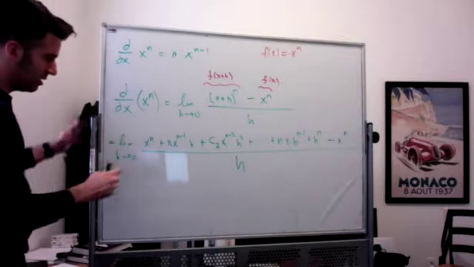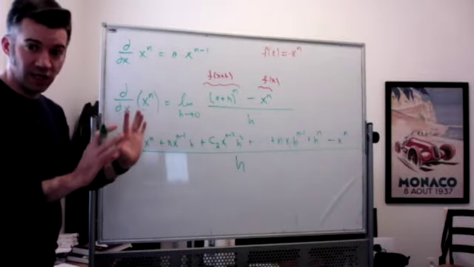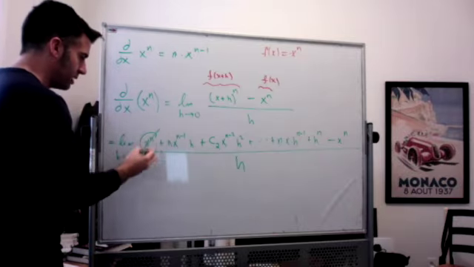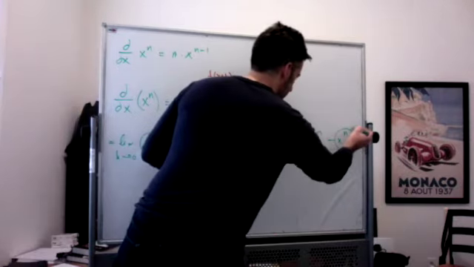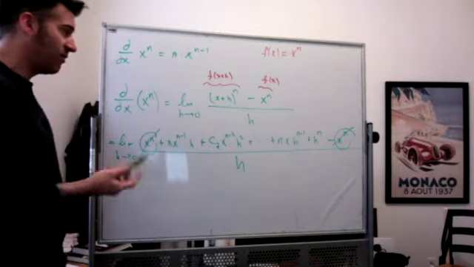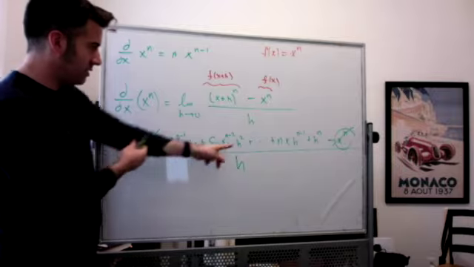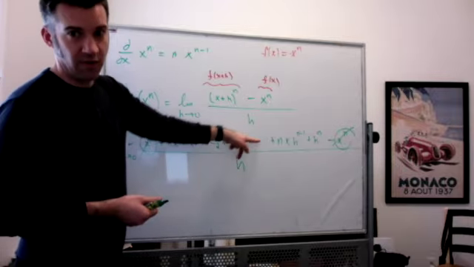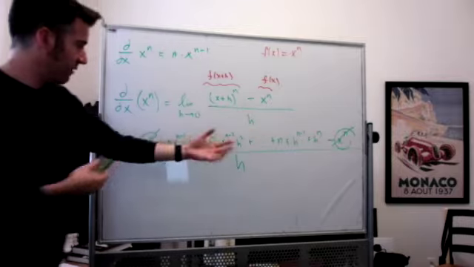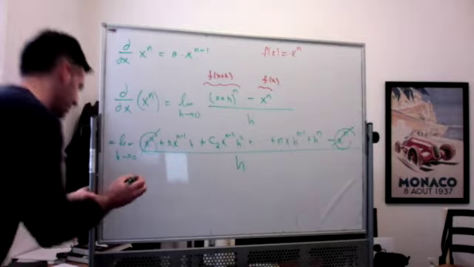Back to this. Notice, just like every other time, the non-h things cancel out. Everything else has an h: h to the first, h to the second, the next one will have h to the third, h to the fourth, all the way to h to the n minus 1, h to the n. So then I'm going to factor out an h from the rest of the terms.